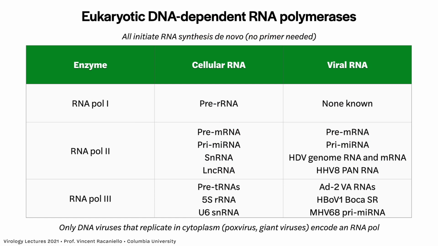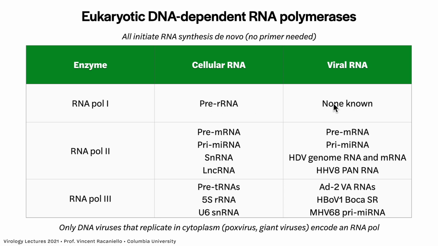Our cells, of course, make messenger RNA. That is done by a specific protein, and in fact, our cells have three different kinds of DNA-dependent RNA polymerases that make not only messenger RNA but other kinds, and here they are: RNA polymerase 1, 2, and 3. And Pol 1 makes the precursor to ribosomal RNA in our cell.